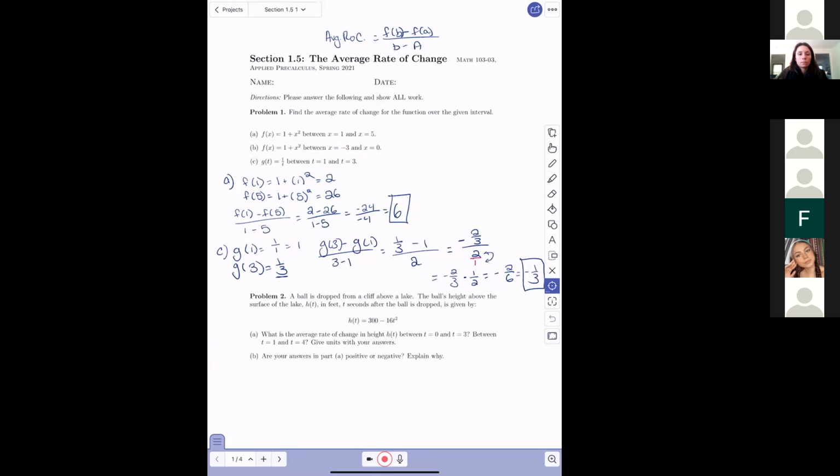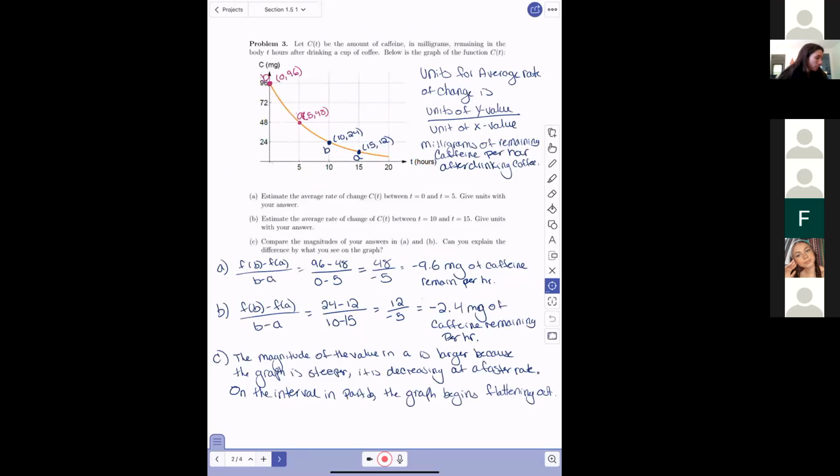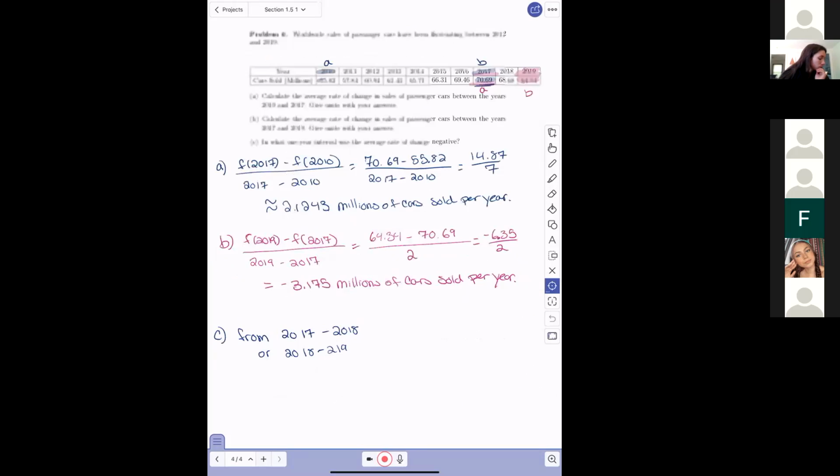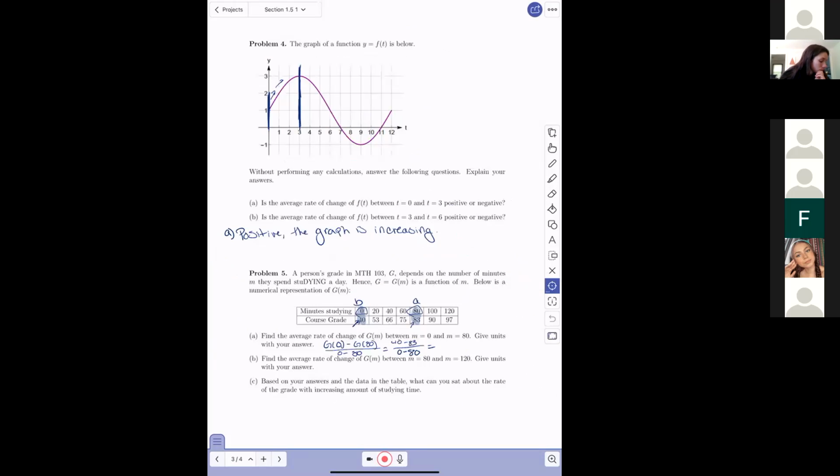I'm a little confused on 5C. Oh, well, I have a typo, but what can you say about the rate of the grade with increasing the amount of study time? Obviously, when you increase your study time, you're going to get a better grade.